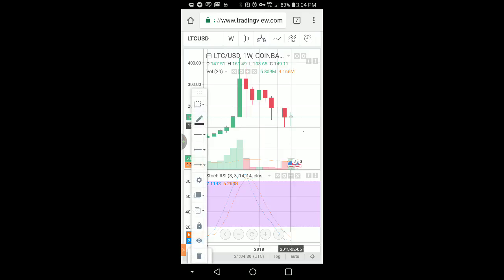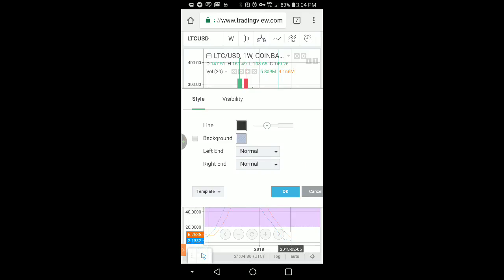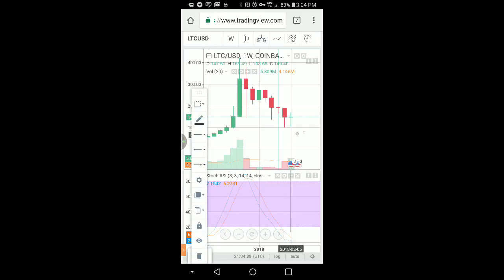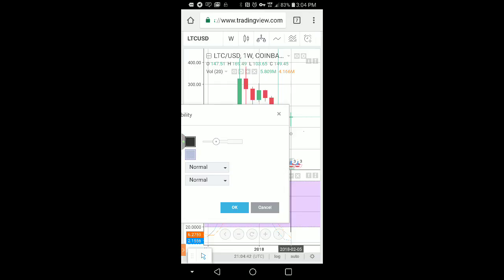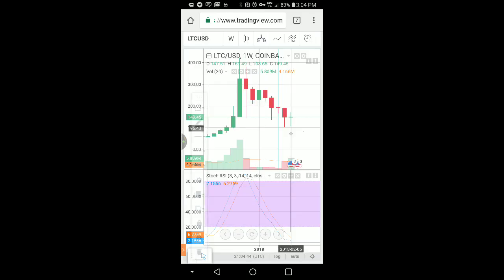So in this sense, the bears were selling off. The bears were able to sell it down to 90 something, 100 some bucks, $100.